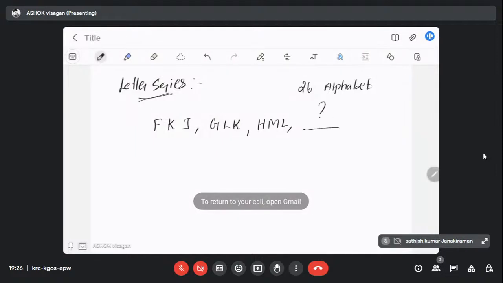What is the next set of letters? FKJ, GLK, HML. What is the next set of the letters?